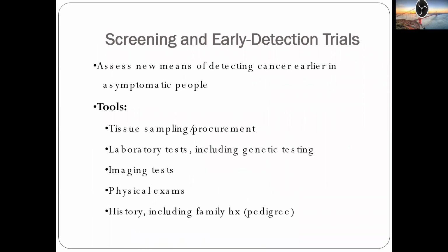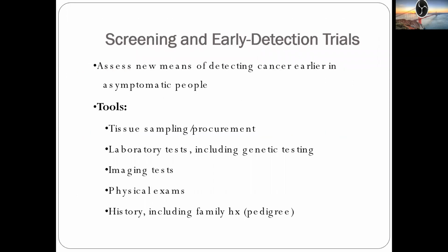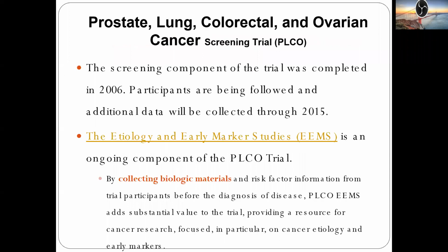The others are the screening trials, for which we use different methods or techniques, such as tissue samples, laboratory tests, imaging tests, or even physical examinations. I'll give an example of a screening or early detection trial. This was started way back: the PLCO trial, a screening trial for prostate, lung, colorectal, and ovarian cancer.